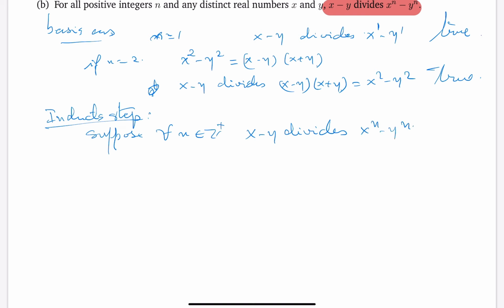We suppose this one is true. Okay, now our goal is to prove x minus y divides x to the n plus 1 minus y to the n plus 1. Okay, here is our goal. Let's prove it.